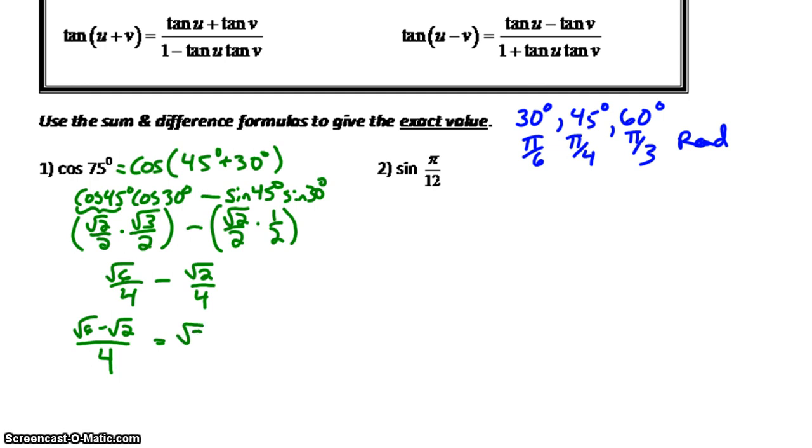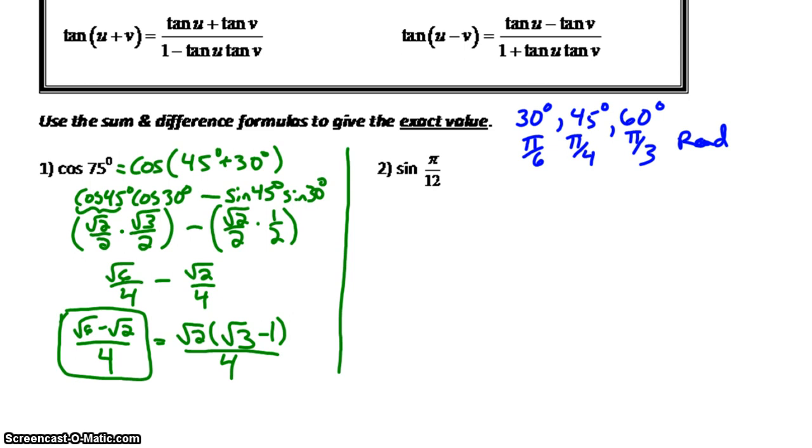We could factor out a radical 2 and have a radical 3 minus 1 all over 4. The most simplified of these is my square root 6 minus square root 2 all over 4, and I think that's the one I'll choose to use.